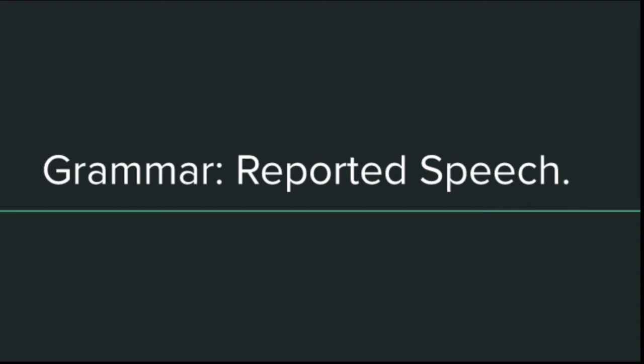So there are two methods. The first one is direct speech, repeating the speaker's exact words, and the next one is indirect speech. Note the differences between direct and indirect speech in the above example. In direct speech, we repeat the speaker's actual words without making any grammatical changes. In writing, we use quotation marks to show direct speech.